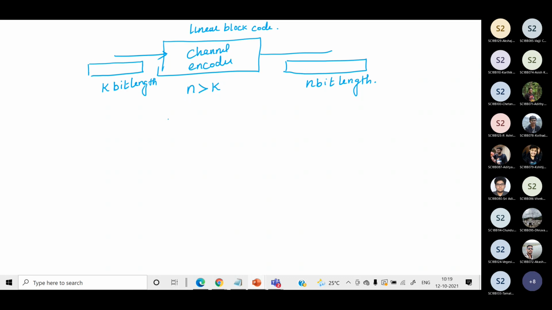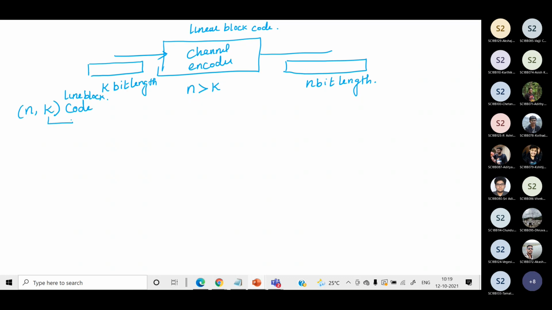So how is this mapping done? Here I will be adding bits. Generally, for a channel encoder design, depending on the coding we are going to use, they will say it as an (n, k) linear block code.